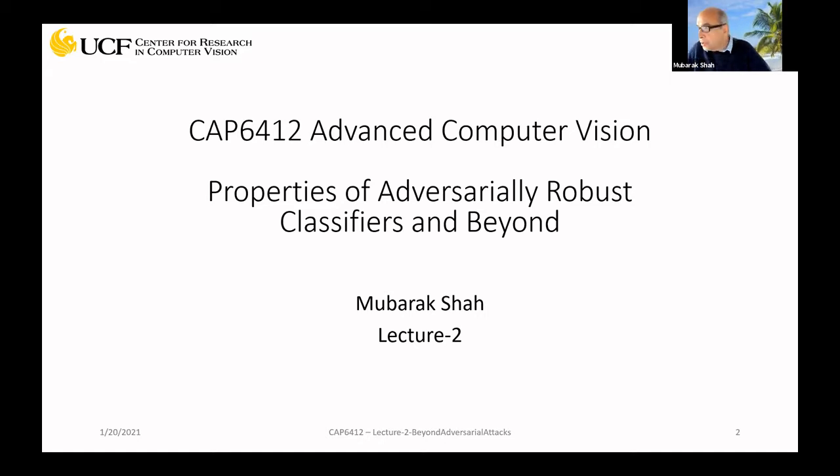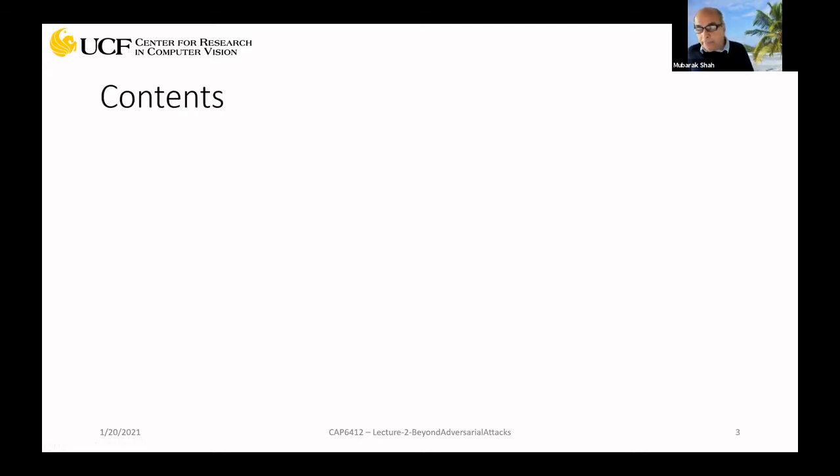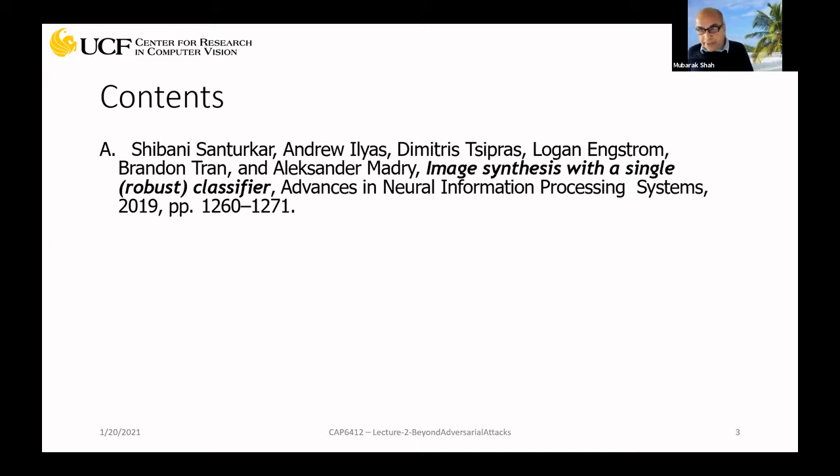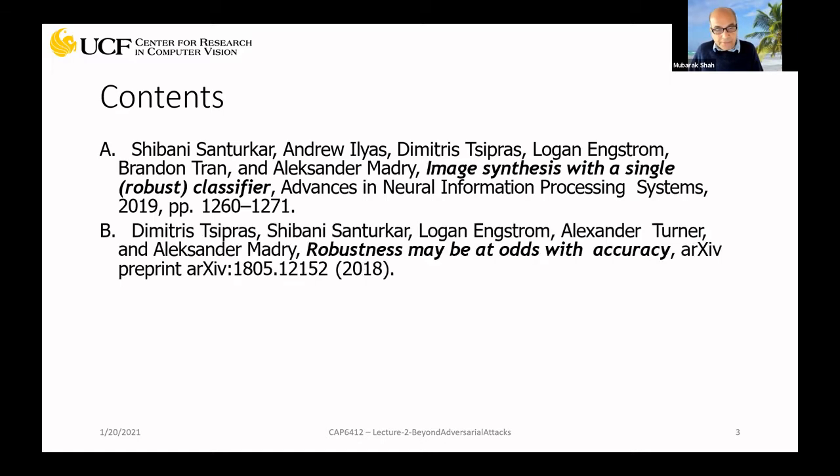Okay, so I'm going to talk about 4 papers from the same group at MIT, Professor Madry's group. This is the first paper, published in NeurIPS 2019: Image Synthesis with a Single Robust Classifier.